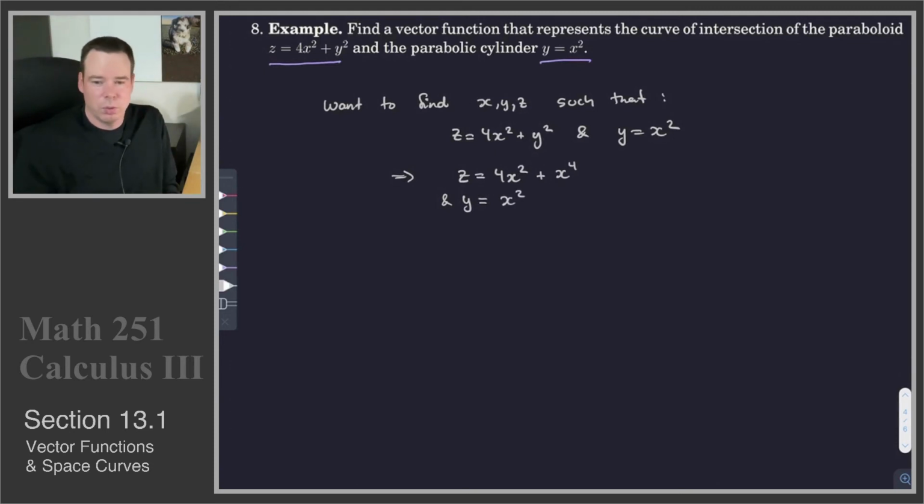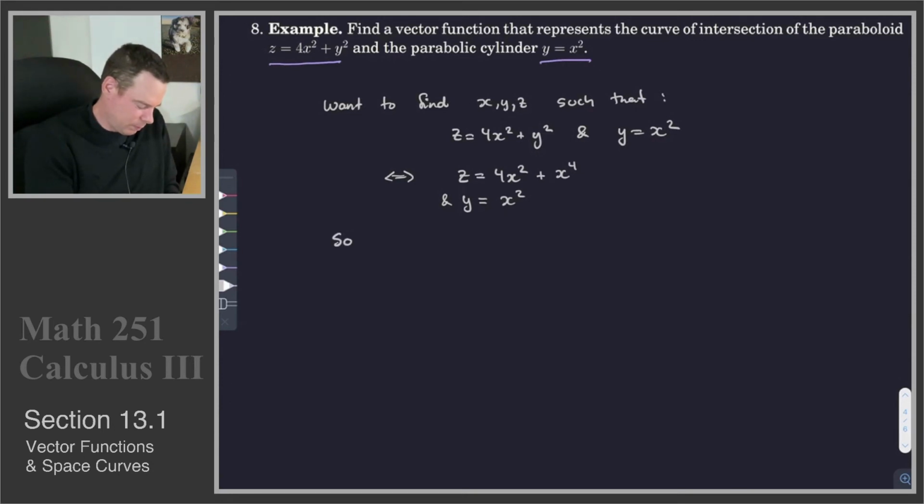So I took the original two equations defining the two surfaces and said if any x, y, z value satisfies those two equations, they also have to satisfy these two equations. And vice versa, any x, y, and z that satisfies these two equations has to be on the intersection of the two surfaces above. But this is nice because it tells me that y is some function of x, z is a function of x, and x itself is a function of x.